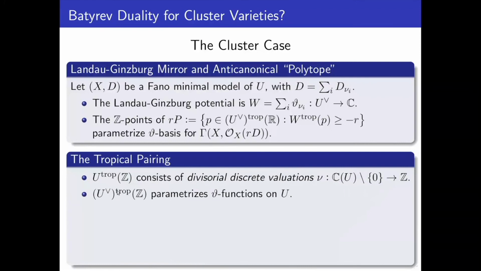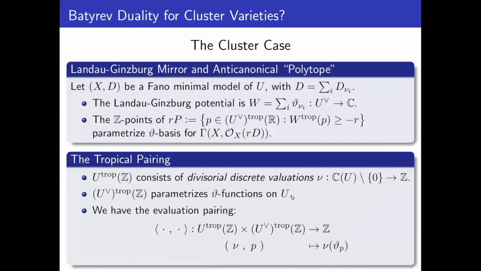And we've said that points of Ǔ^trop(Z) will parameterize theta functions on U. So we can just restrict the evaluation pairing to get a pairing between U^trop(Z) and Ǔ^trop(Z). Take an integral tropical point of U^trop(Z) and an integral tropical point of Ǔ^trop(Z).